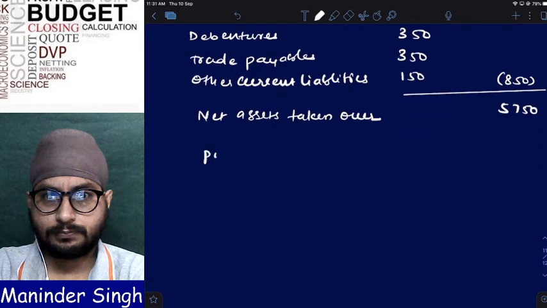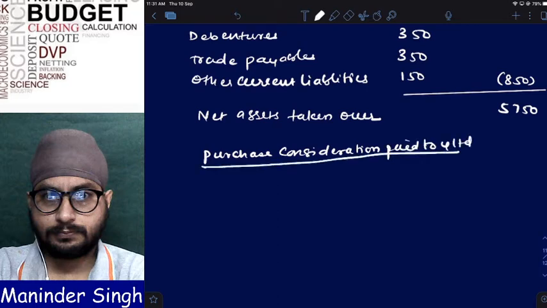Now, purchase consideration paid to Y Limited. Clear? Equity shares and preference shares.